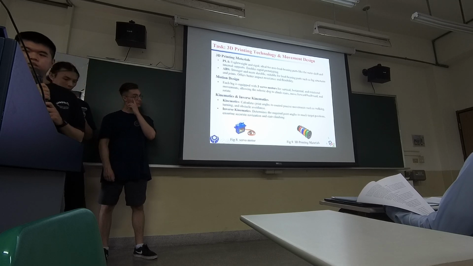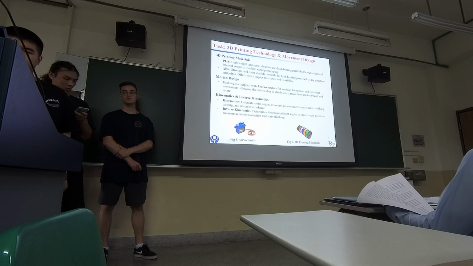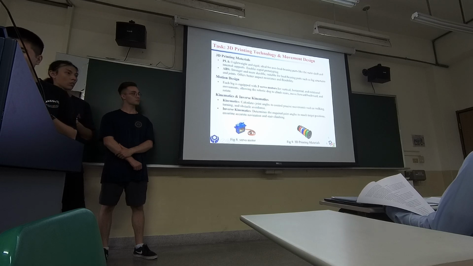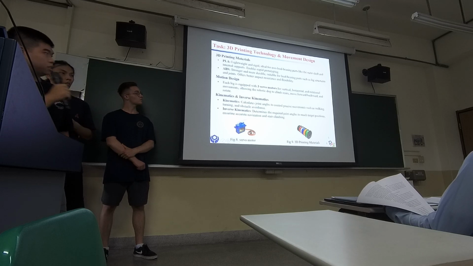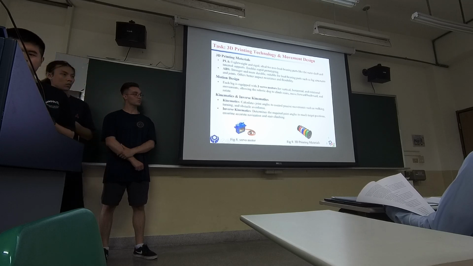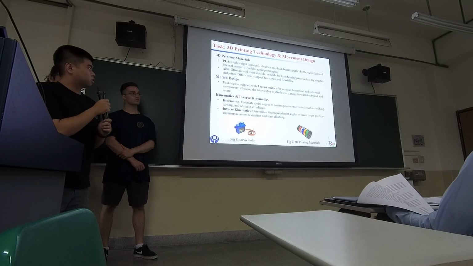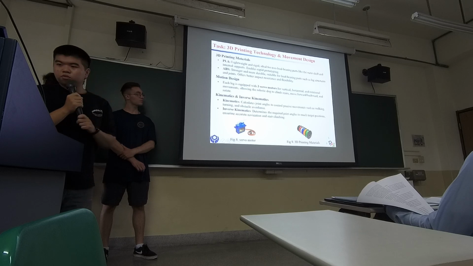And ABS is stronger and more durable, and we want to use this material to make our load-bearing parts such as the leg structure and joints. And for our motion design, for each leg we use 3 servo motors to let the robot dog move.